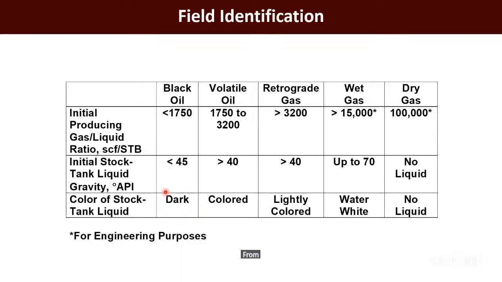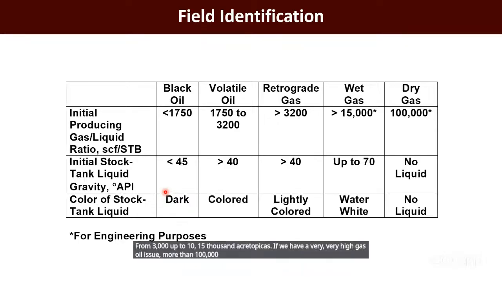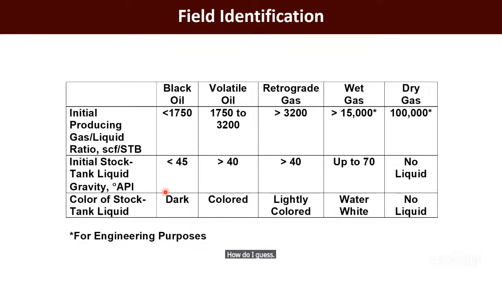From 3,000 or 4,000 up to 10,000 to 15,000 is retrograde gas. If we have a very, very high gas oil ratio, more than 100,000, it can be classified as a dry gas. Also the color can be dark colored, lightly colored, and water white.